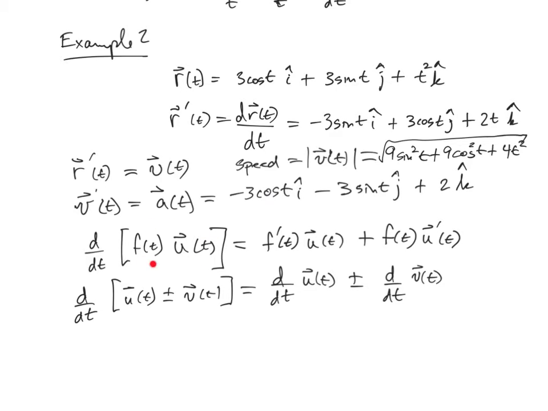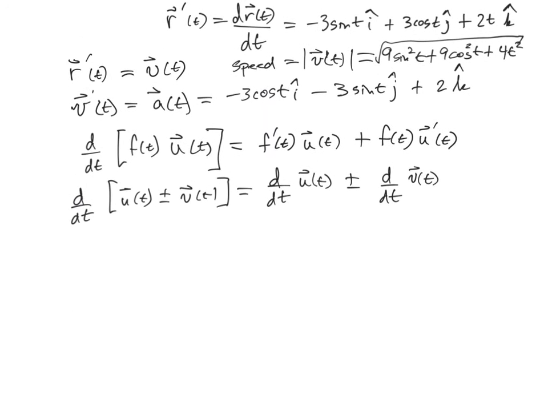This is intentionally a scalar function times a vector function. It's not actually quite the same as when these are both vector functions, because if they're both vector functions, how many types of multiplication do we have if you're dealing with vectors as opposed to scalars? Two, right? The dot product and the cross product, right? When we're talking about two vectors, there's two different ways to multiply two vectors together. We can take the dot product or we can take the cross product. So we have to specify that if we're dealing with two vector functions.